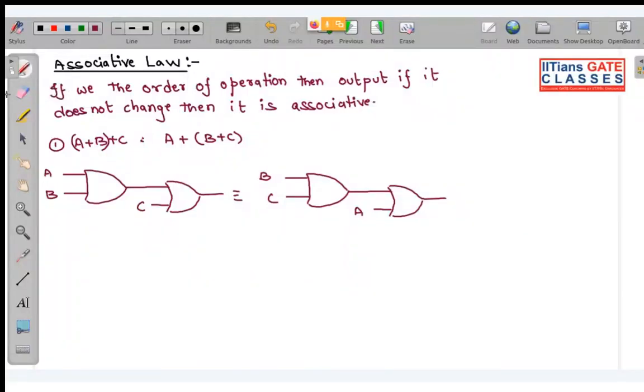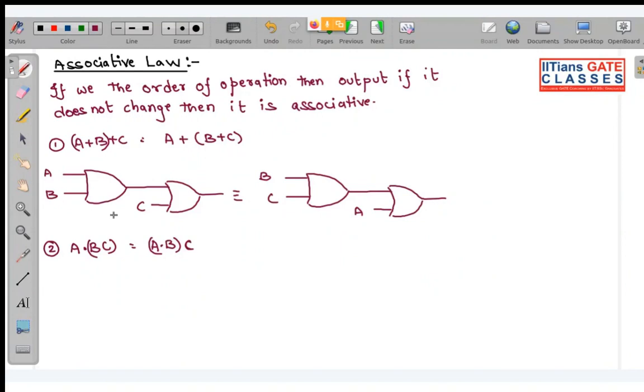Now can you tell me which all gates are associative and which all gates are not associative? Can you think about it? So which all gates are associative? From NOT gate. No, not gate, you just have a single input.